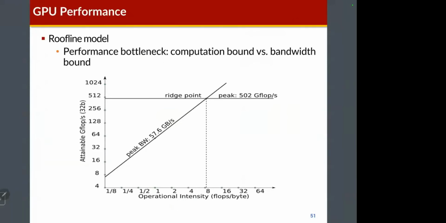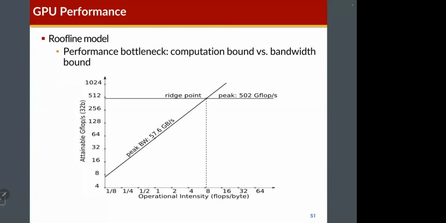And then the roofline model. The roofline model is a very popular performance model for processor systems, and it shows the potential performance of the processor. The roofline model shows the peak performance by operational intensity.